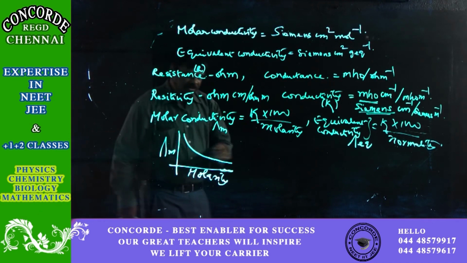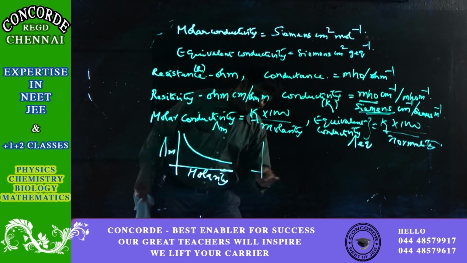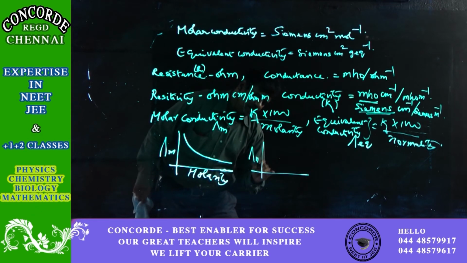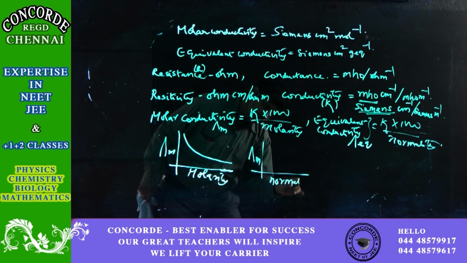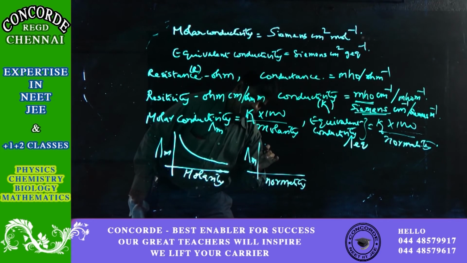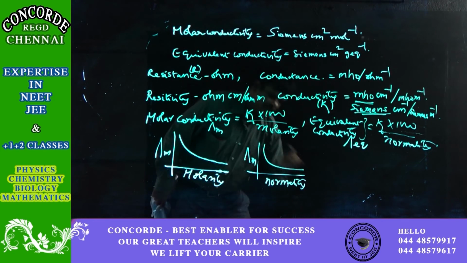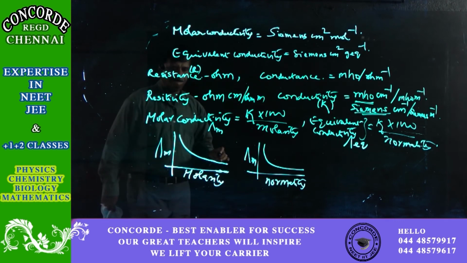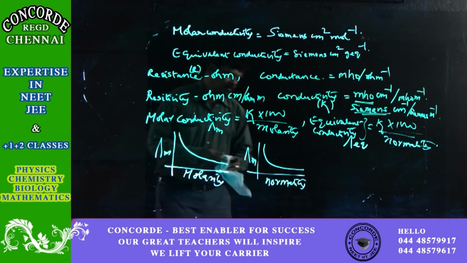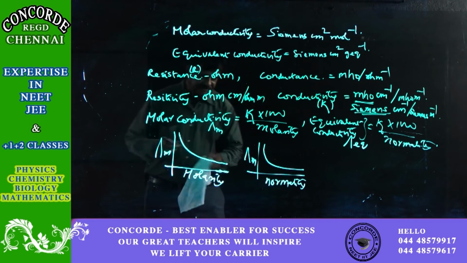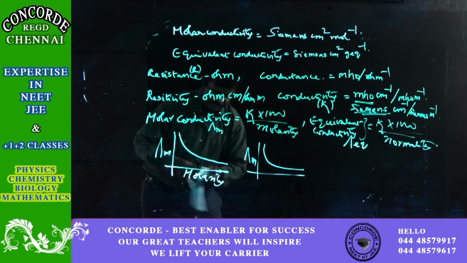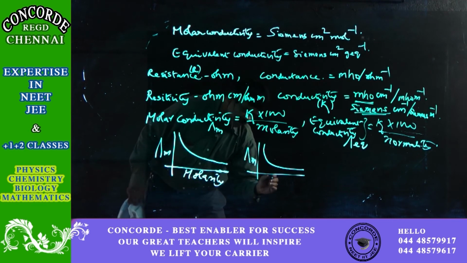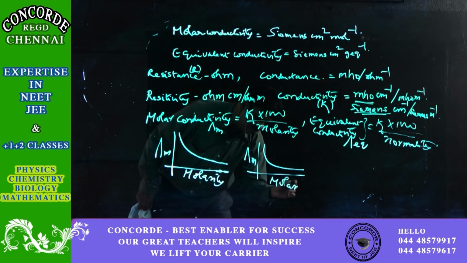And similarly, if lambda m is plotted against normality, the graph will be like this. We can compare the same molarity for strong electrolytes and weak electrolytes, so we can take the same graph for both.